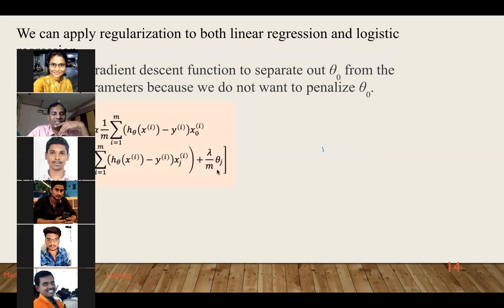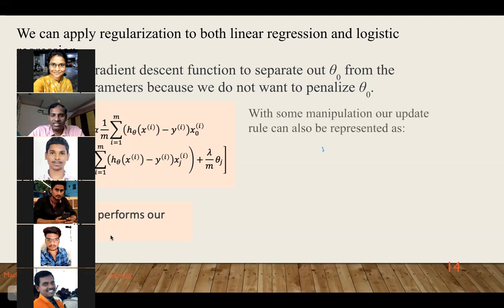Now the update becomes theta j minus alpha times 1 by m, the cost from the fitting, and the cost from the regularization, lambda by m theta j. For j equal to 1 to n, you need to update them simultaneously. The term lambda by m theta j forms our regularization here.